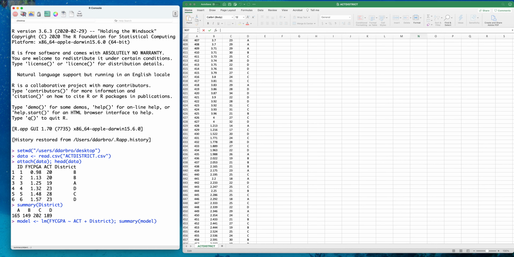Our output is going to have 5 lines: 1 line for the Intercept, 1 line for the ACT, and then 3 additional lines for the district. What's going to happen is that one of these districts isn't going to be included because that's going to be our reference category. So the other 3 predictors, the dummy variables, are going to be a comparison to that reference.